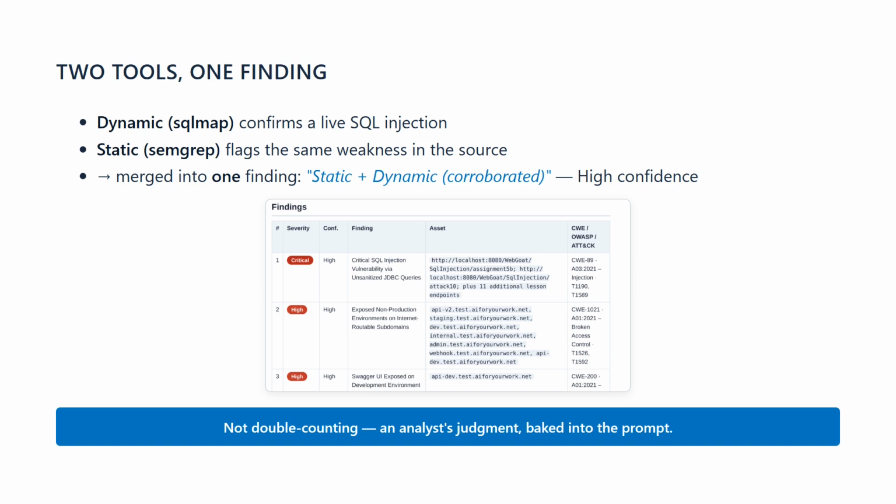This one recognizes they are the same issue seen from 2 angles and merges them into a single finding marked static plus dynamic corroborated at high confidence. That is not double counting. That is an analyst's judgment call, and it is baked right into the prompt.